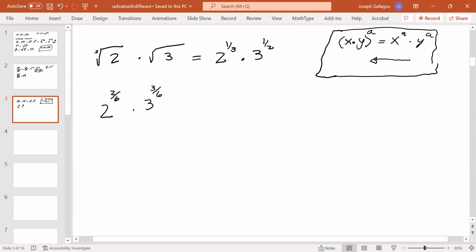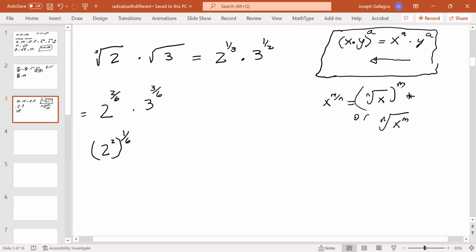Remember that if we had x to the m divided by n, that's the same as the nth root of x all raised to the mth power, or the nth root of x to the m. So this is the version we want to look at. We want to see this as 2 squared to the 1/6 power, and then 3 cubed to the 1/6 power as well.